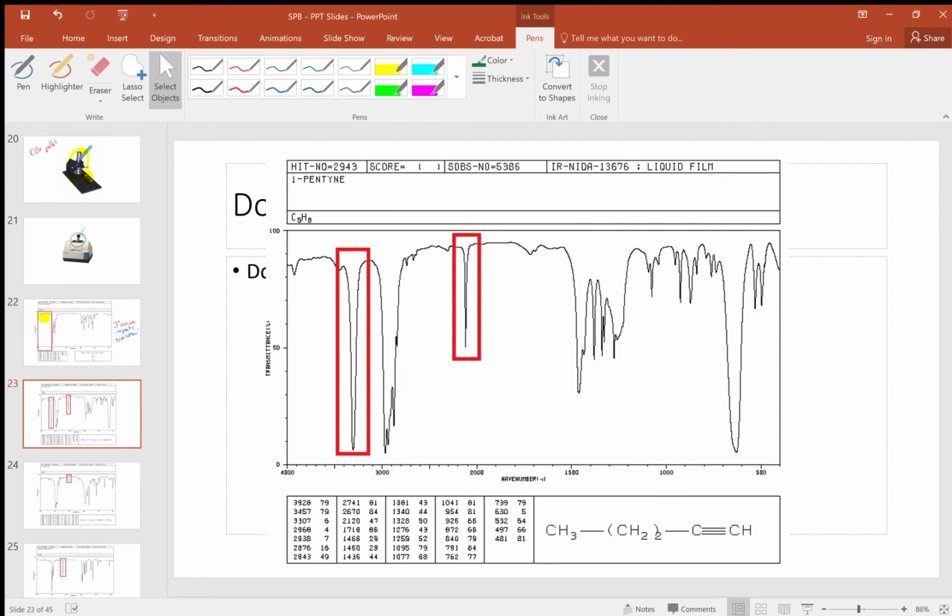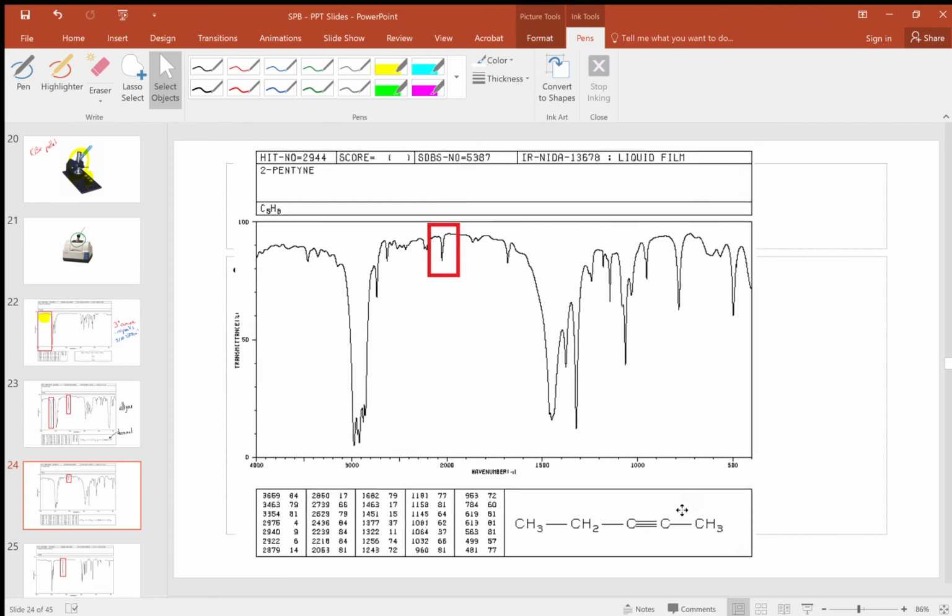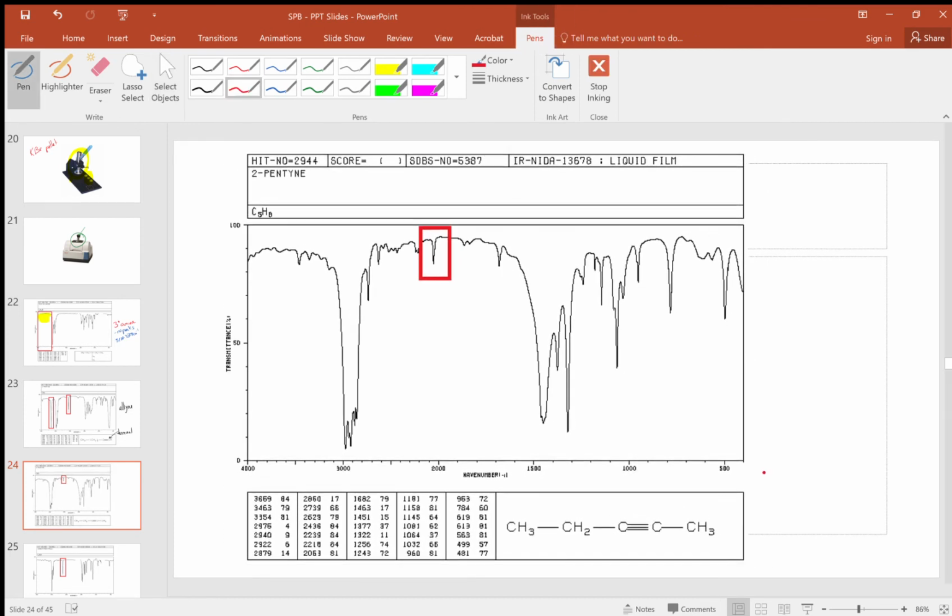So we're going to look at an alkyne now. And an alkyne, the way it shows up in an IR spectrum is largely dependent on what's attached to the alkyne. So this alkyne is what's known as a terminal alkyne. And that's going to look very different from our next spectrum, which is an internal alkyne.